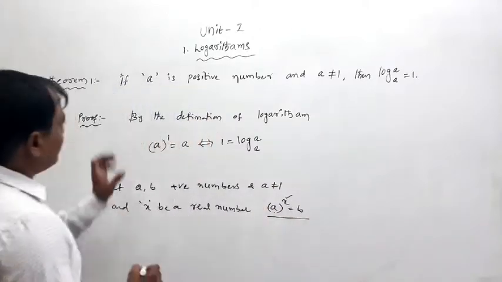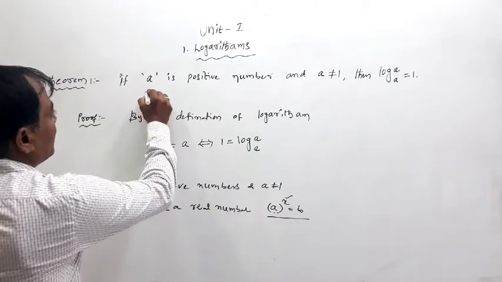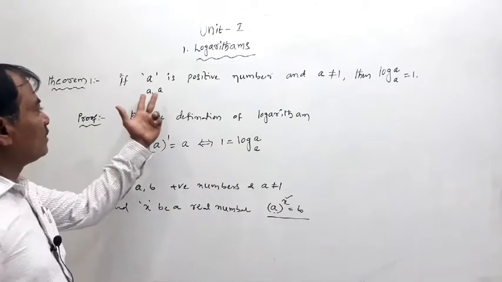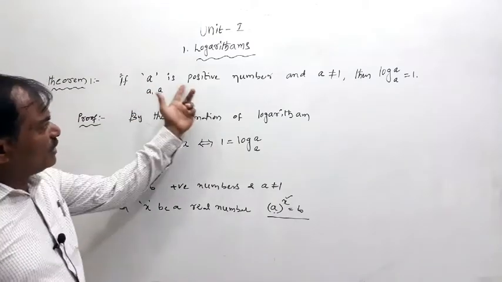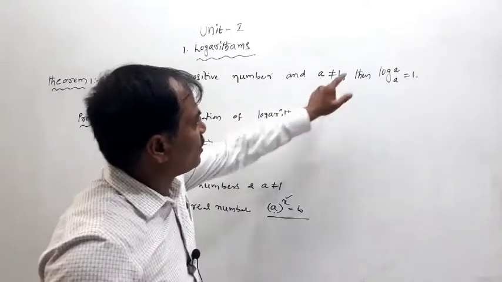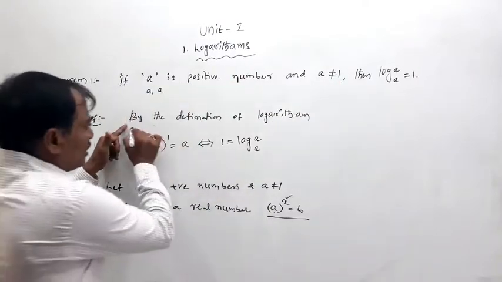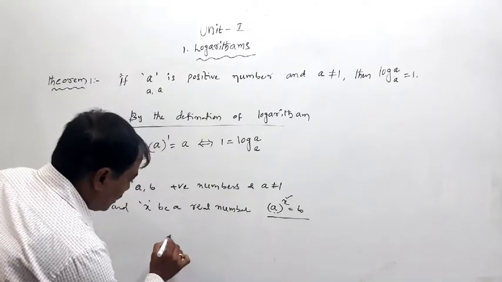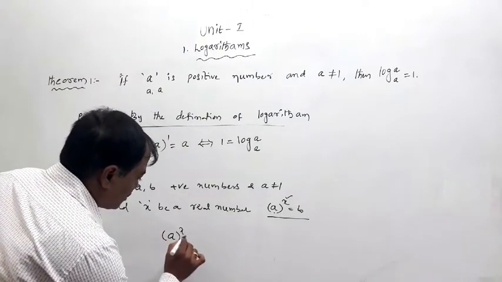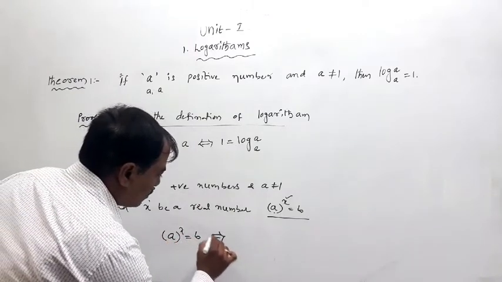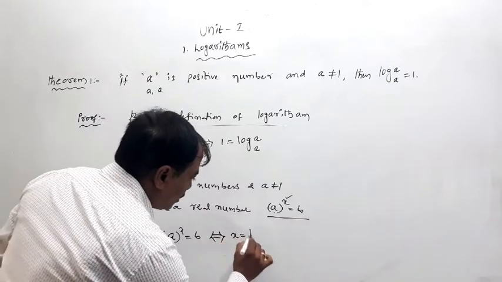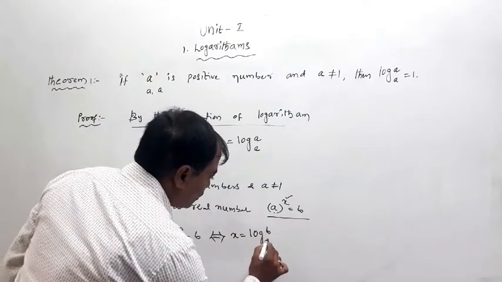Now simply here we are taking a and a, the same number. This number is positive and not equal to 1. By the definition of logarithms, a to the power of x equals b if and only if x equals logarithm of b to the base a.